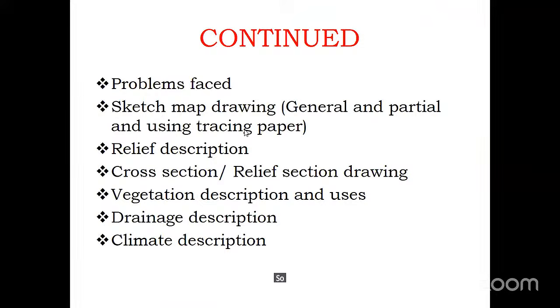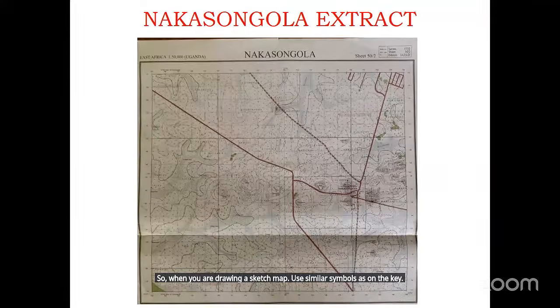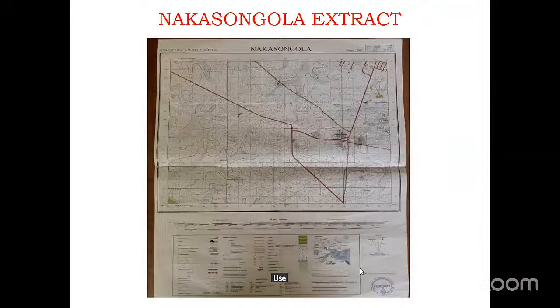So when you are drawing a sketch map, use similar symbols as on the key. This key is given to interpret symbols. Mark the feature using a symbol which is on this key here, and write on it using the local name.